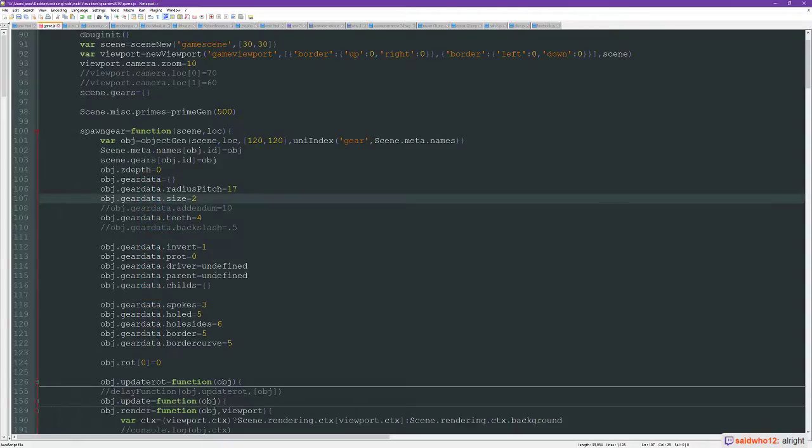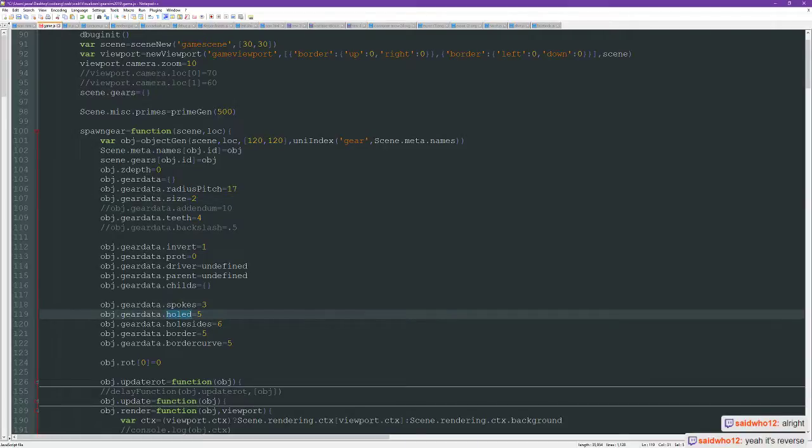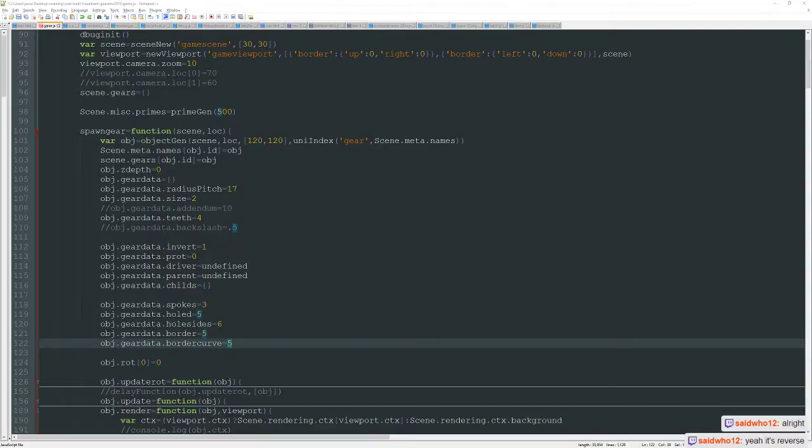Sort of we have the whole... what? We have a whole size of 5, we have a border of 5, and then we want to curve a 5 around that, okay?